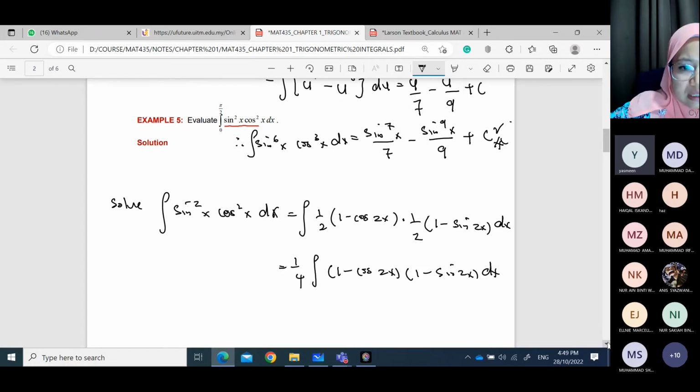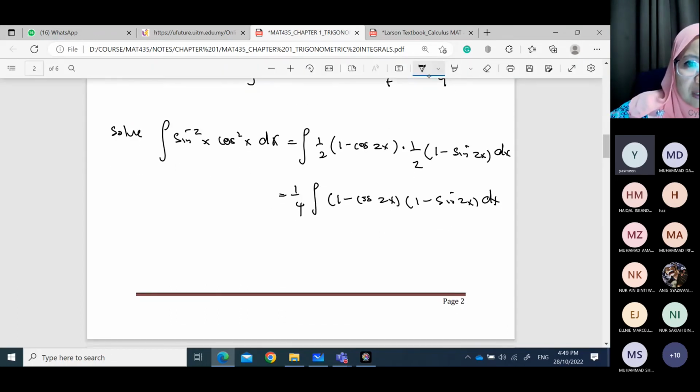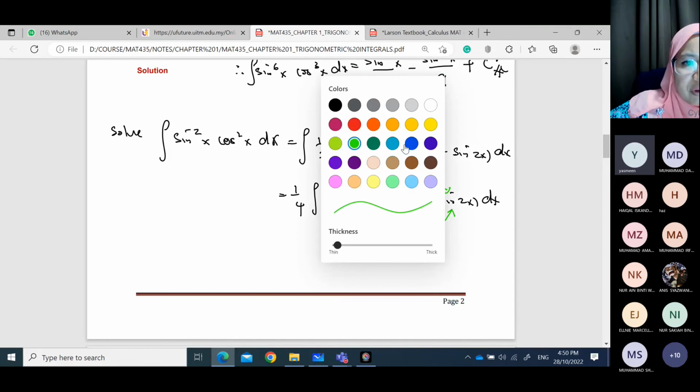Macam yang tadi saya ajar tu, macam nak expand. You just multiply this one. Yang ni you darabkan dengan yang ini, and then yang ini you darabkan dengan ini. Yang ini you darabkan dengan ini. You darabkan dengan yang ini. So you expand and simplify.